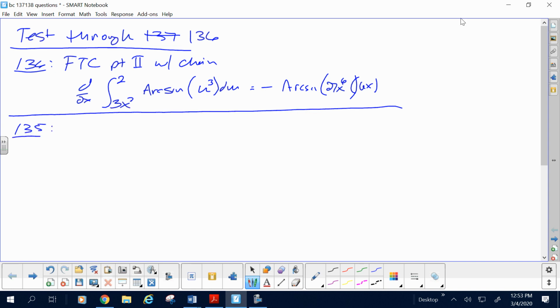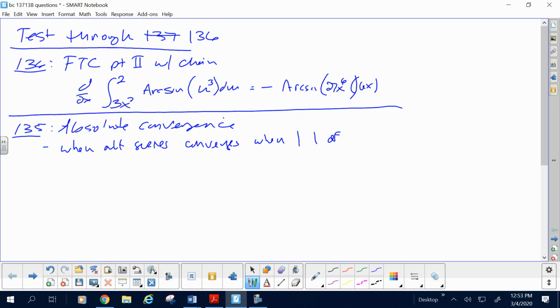Okay, 135 is absolute convergence. Absolute convergence is, generally speaking, when what happens? When an alternating series converges when you take the absolute value of the terms, yeah? In other words, if it converges without.